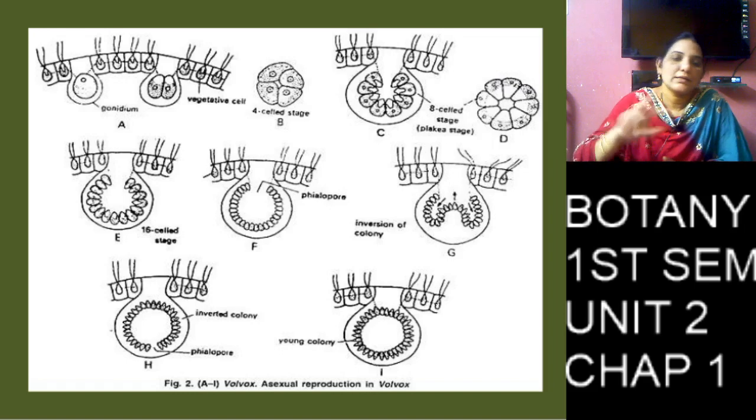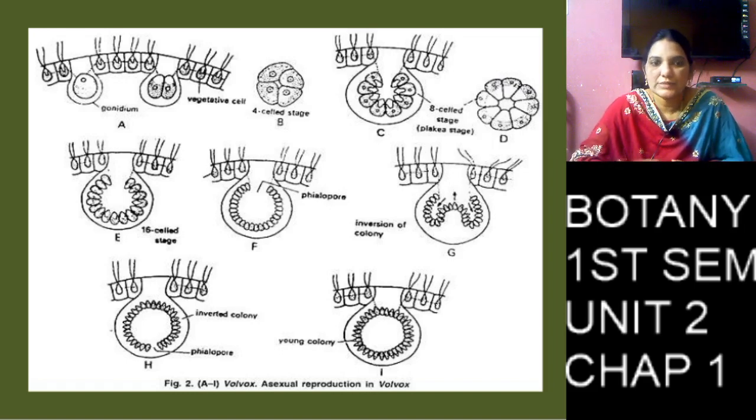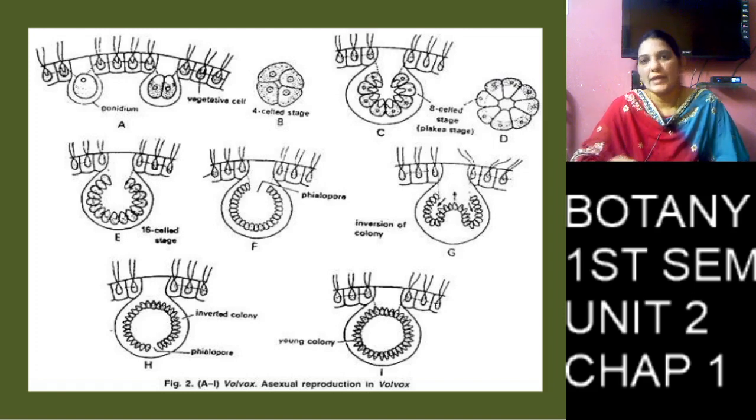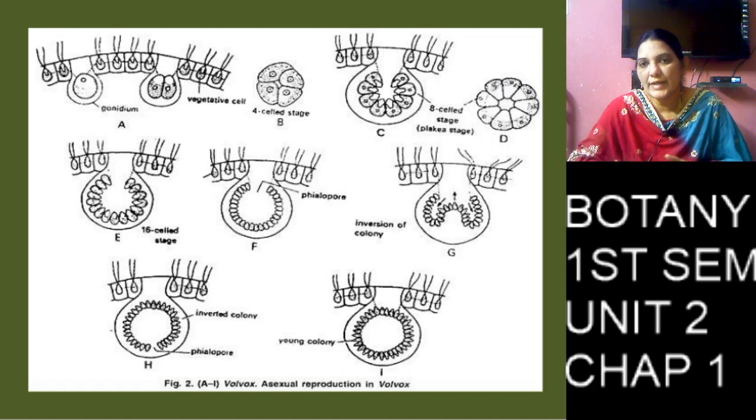The cells are attached to each other and form one round shaped structure, and each cell turns into an androspore.